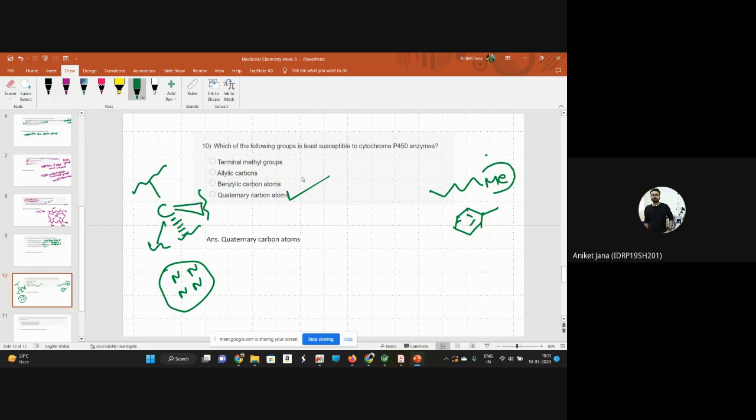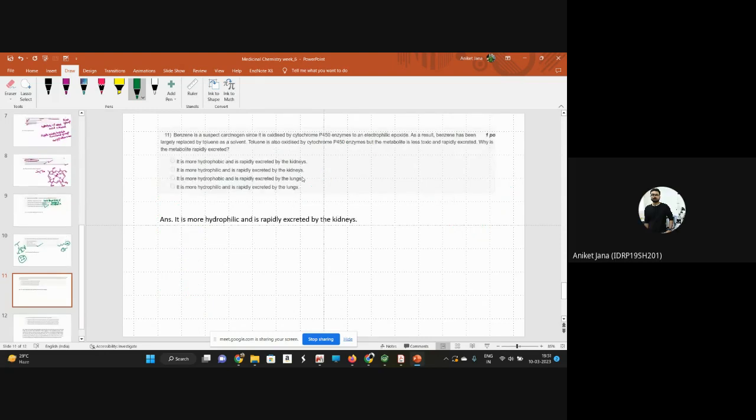So let's move to our next question. What is written here? Benzene is a suspect carcinogen since it is oxidized by cytochrome P450 enzyme to an electrophile epoxide. As a result, benzene has been largely replaced by toluene as a solvent. Toluene is also oxidized by cytochrome P450 enzyme, but the metabolite is less toxic and rapidly excreted.